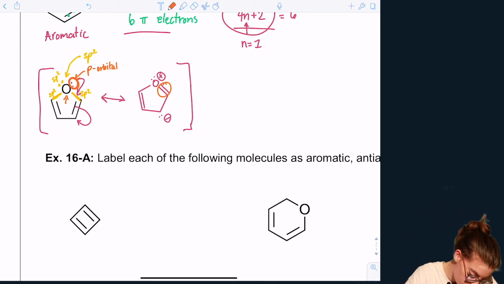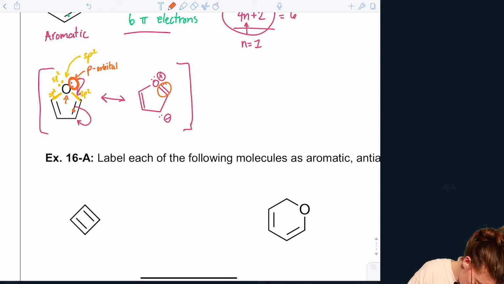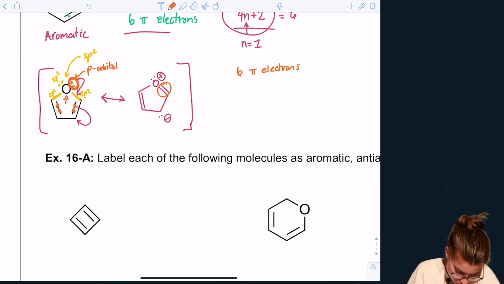So in other words, these electrons would be counted towards our pi electron number, okay? Along with these 2 electrons and these 2 electrons. So that would be a total of 1, 2, 3, 4, 5, 6 electrons. Okay?